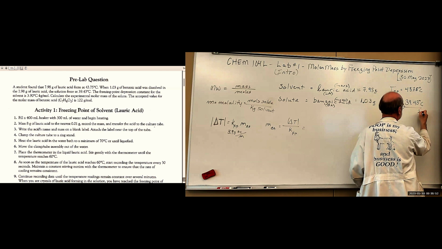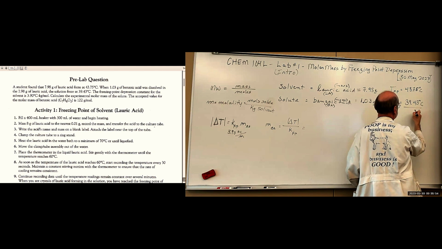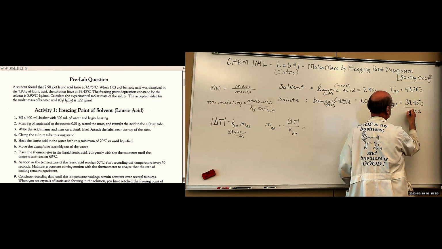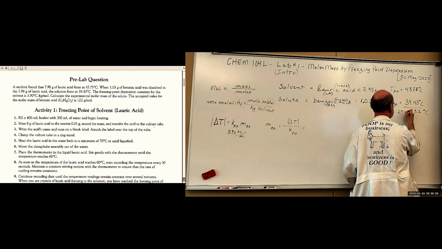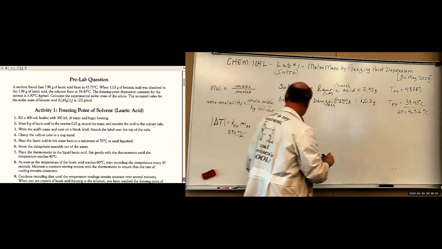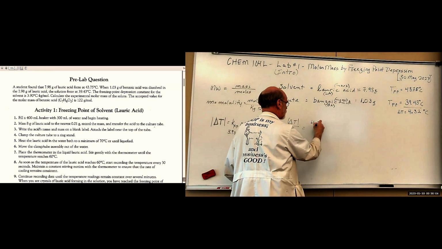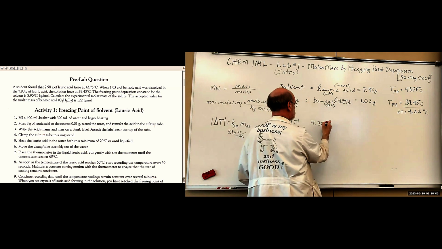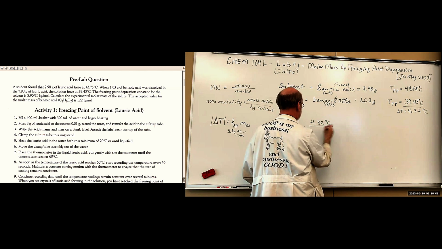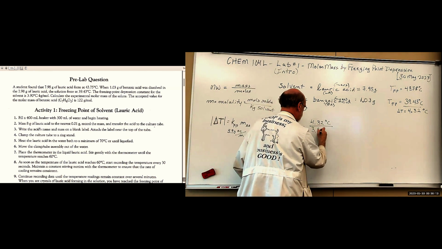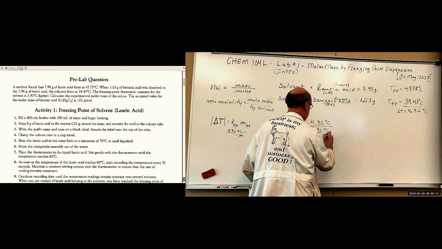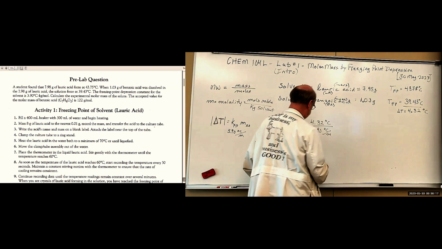That is your delta T, 4.32 degrees C. And then the K value, which was given, 3.90 degrees C per molal.